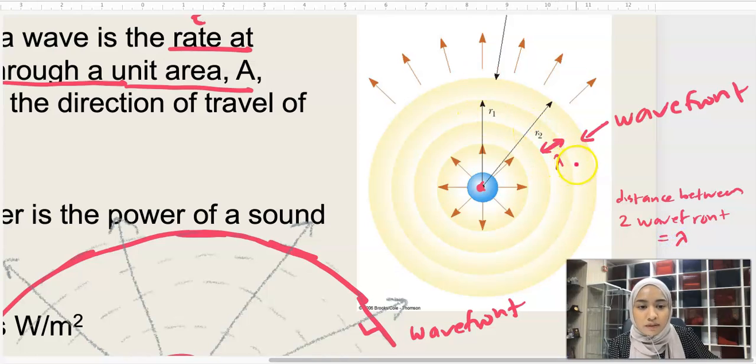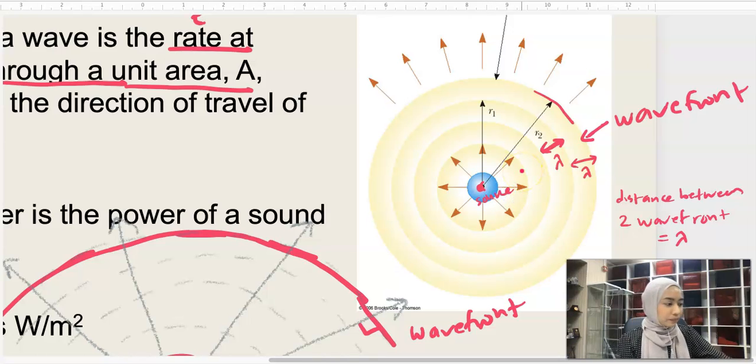So this is one wavelength, this is your second wavelength, because it is repeating. So you have a wavelength, it's repetitive. And the whole thing is wavefront, wavelength. This is your source.